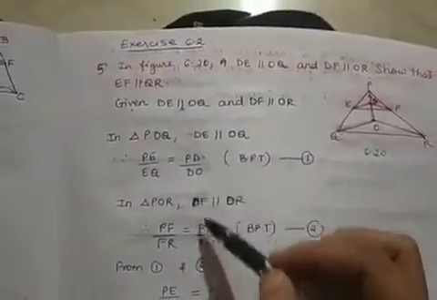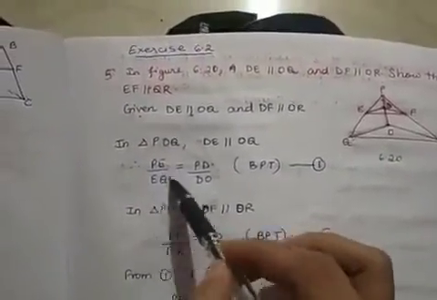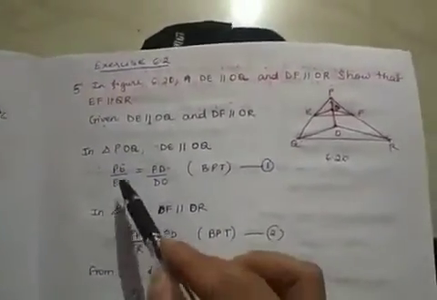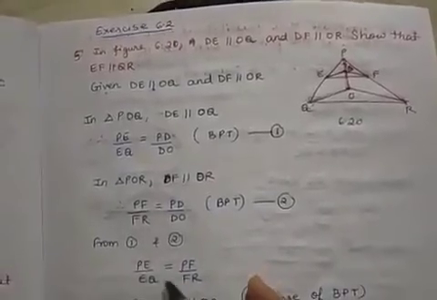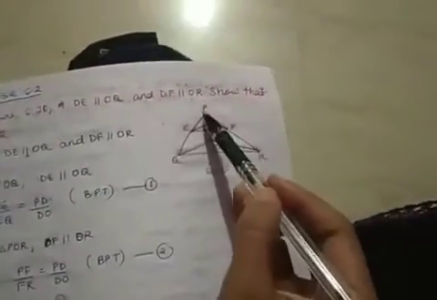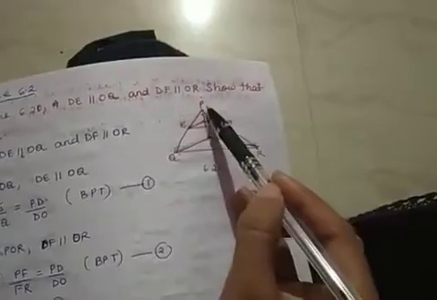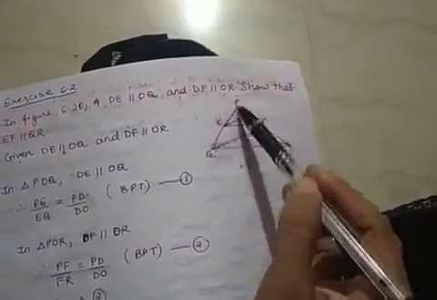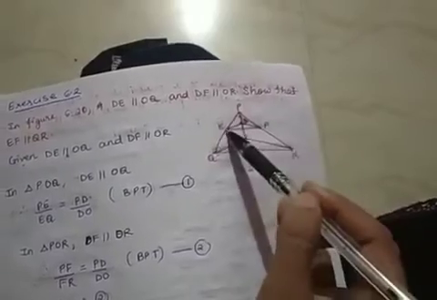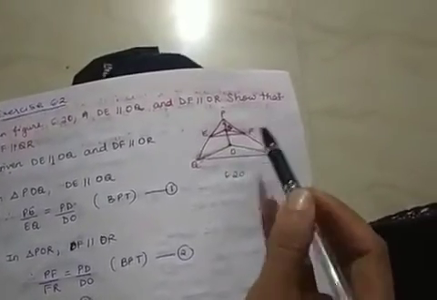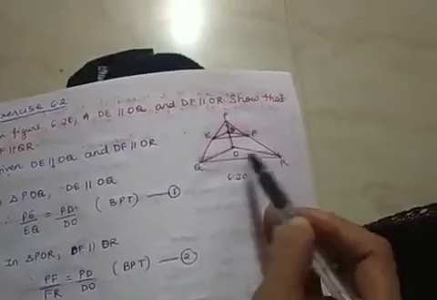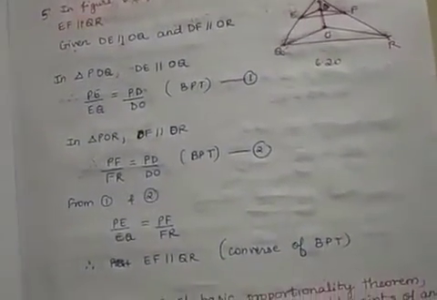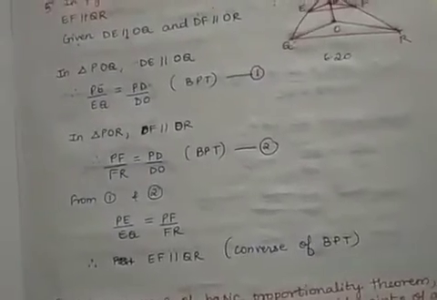So since these are equal, the left hand sides also should be equal, right? So from 1 and 2 I get PE upon EQ is equal to PF upon FR. So since these sides are in the same ratio, I can say by converse of BPT, EF is parallel to QR, correct? So EF is parallel to QR by converse of BPT.